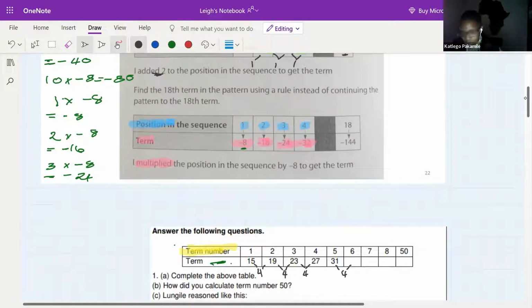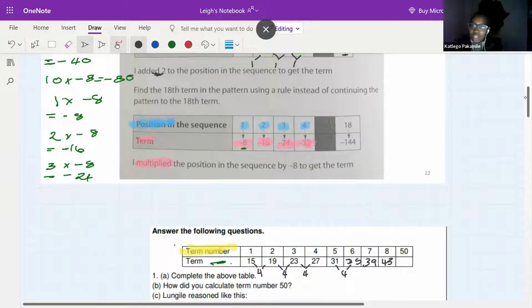Okay, let me first fix this and write. 35, 39, and the last one is? Okay, 39 plus 4, which is 43.